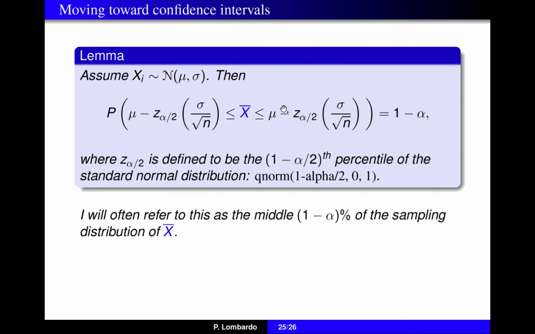Oops, this should be a plus. Sorry, that should be a plus. Then the probability is 1 minus alpha. Okay, I will often refer to this as the 1 minus alpha, or the k% middle of the sampling distribution of x-bar. And this is primarily the result that's going to give us our confidence interval approach when we start talking about this on Wednesday.